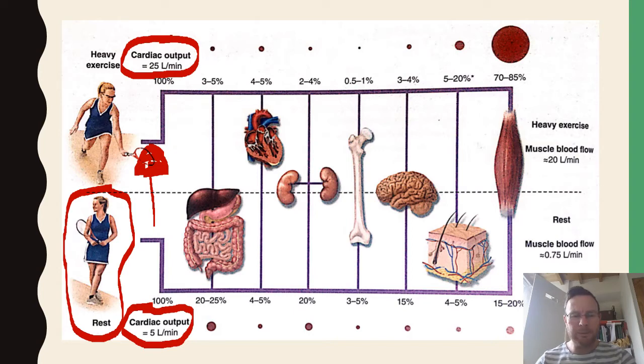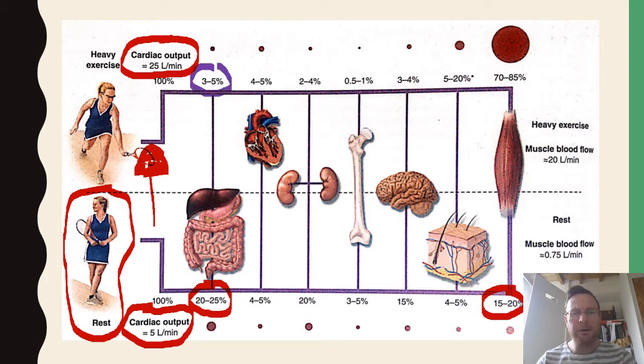Now, what we see is that at the bottom, when she was resting, 25% of her blood was going to the digestive tract, and only, let's say, 15 to 20% going to the muscle. If you look at what happens when we exercise, I'm going to pop it in purple.